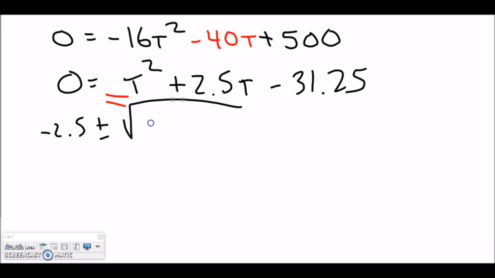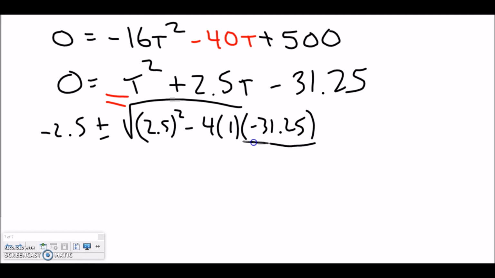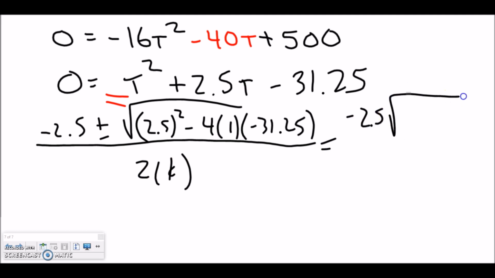Negative b plus or minus the square root of b squared minus 4 times a times c, all over 2a, which is 1. That's negative 2.5 plus or minus, I almost forgot my plus or minus in there, the square root of 2.5 squared, which is 6.25, plus 4 times 31.25, which is 125, all over 2.